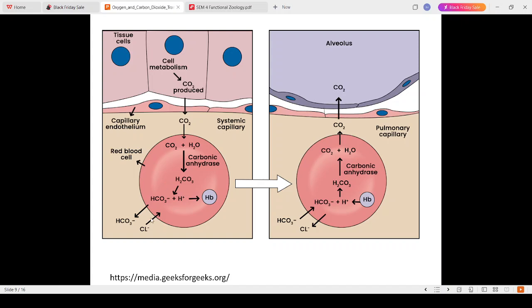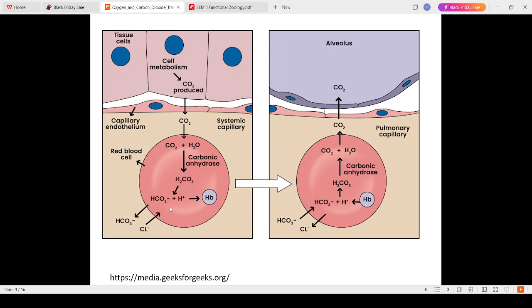So to compensate for that shortage of negative charge, what the body will be doing is pumping in an equal number of chloride ions, which are also negatively charged. So when one bicarbonate ion is moving out, one chloride ion will be coming in, and that mechanism is what we call the chloride shift.